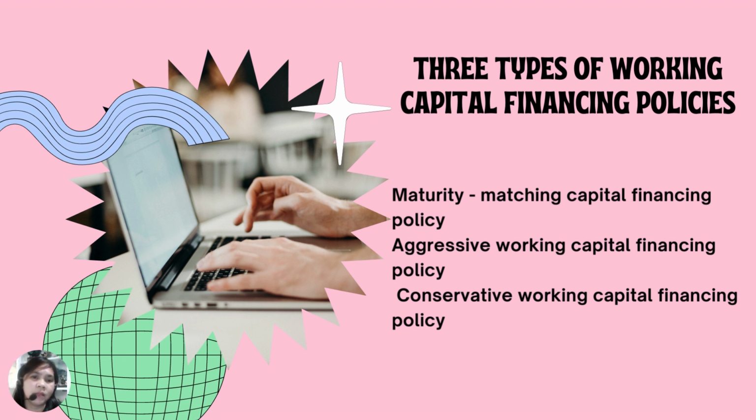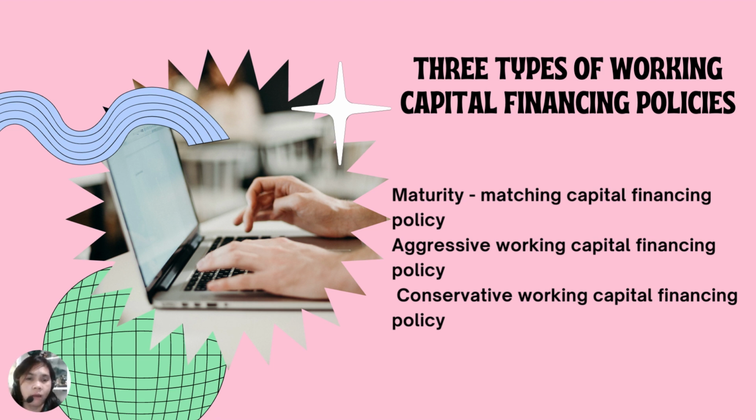Okay, another example, let's say, sources po ng business is the inventories. Okay? Yung inventories ng business, yun po yung gagamitin as working capital ng business. Ita-tied up yun sa non-current assets. Let's say, for example, machine or machinery.